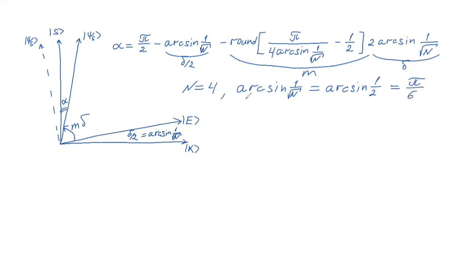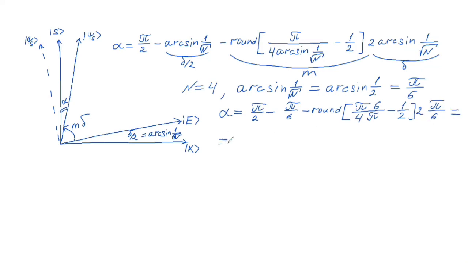Putting that pi over 6 in our expression for alpha, we get pi over 2 minus pi over 6 minus round, and the expression for the Grover iteration number, pi over 4 divided by pi over 6 minus 1/2, times 2 times pi over 6.